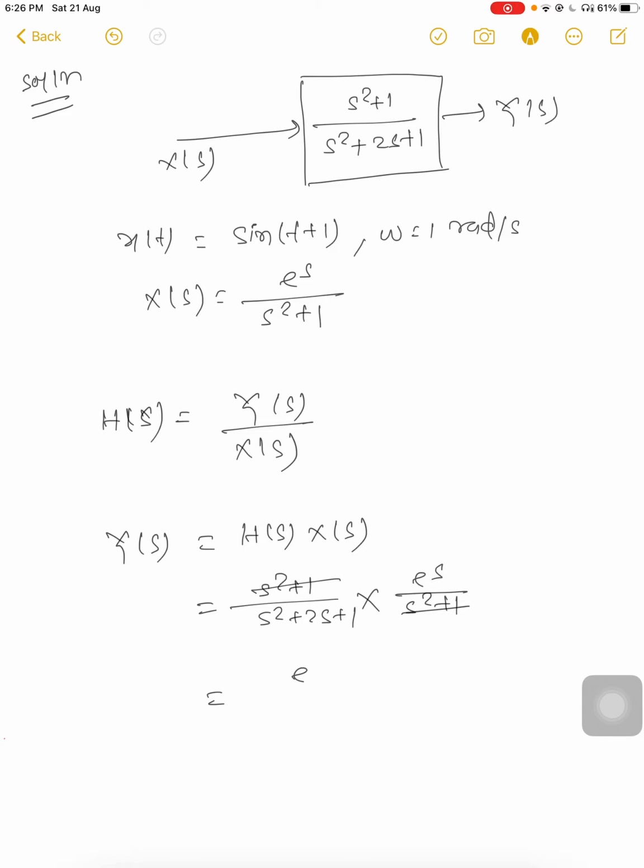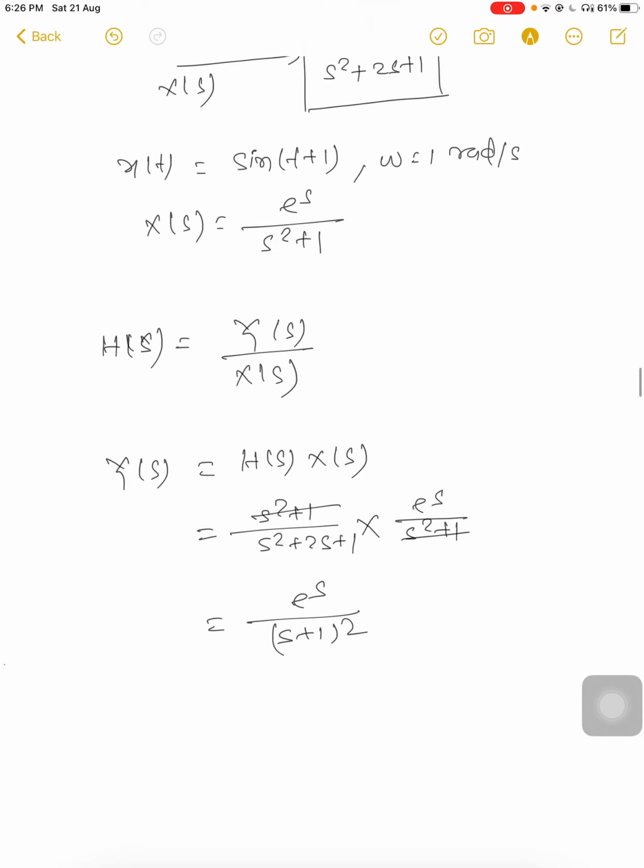So finally you will get e to the s upon (s plus 1) whole square. Then this one is Y(s), and y(t) will be, when you take the inverse, because of this it will be a shift by 1 unit, t plus 1, and e to the minus (t plus 1).